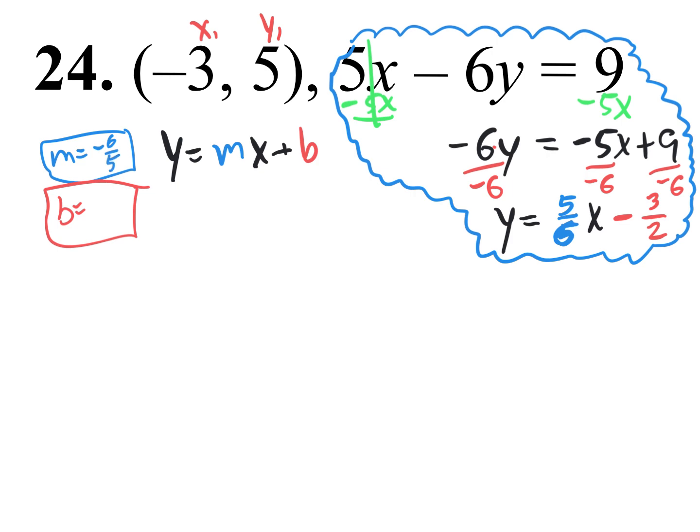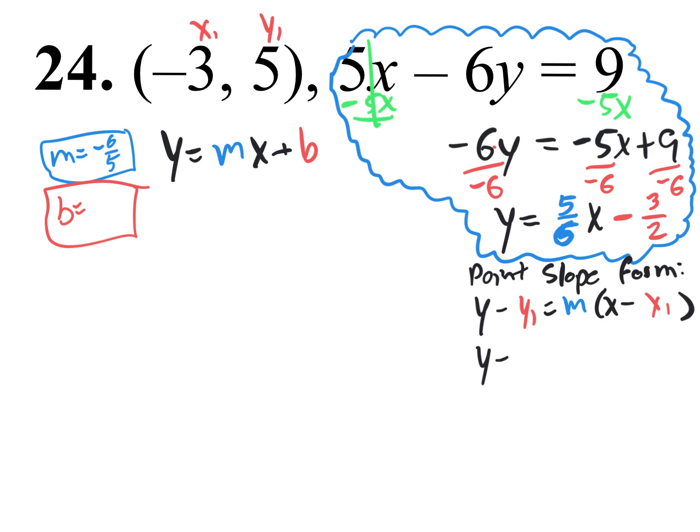Okay? So now that I have a slope, negative 6 over 5, and a point, I am going to go for point-slope form, which is y minus y1 equals m parentheses x minus x1. And when I use this, I always rewrite it with blank spots. Y minus y1 equals m parentheses x minus x1 close parenthesis. The y1 value, as you can see, is 5.